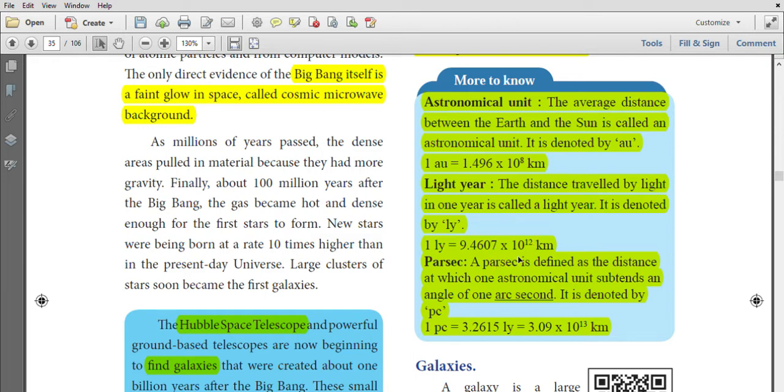The parsec is defined as the distance at which one astronomical unit subtends an angle of 1 arc second. It is denoted by pc. 1 parsec is equal to 3.2615 light years, otherwise 3.09 x 10^13 kilometers.